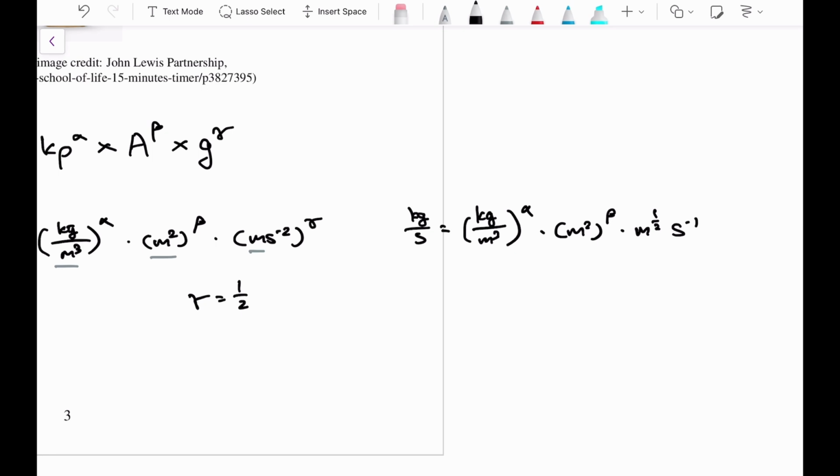So now what we want to do is simply to cancel out the meters. I can rewrite this as basically kg, because the s's cancel out each other. So how do you do this? Over here we will want to cancel out the m cubed.